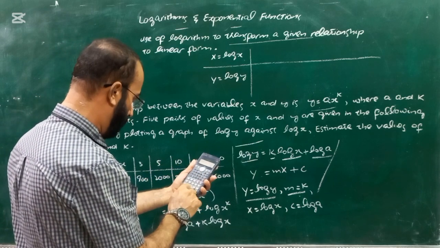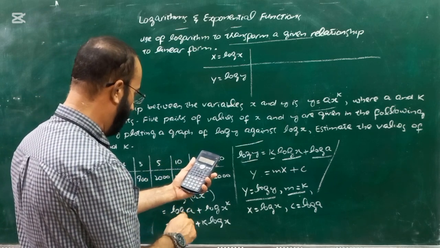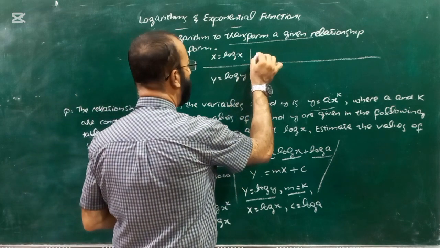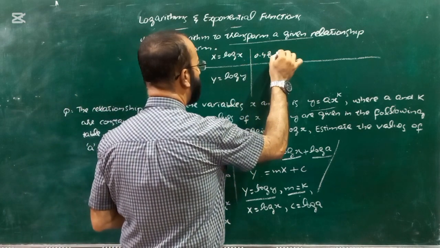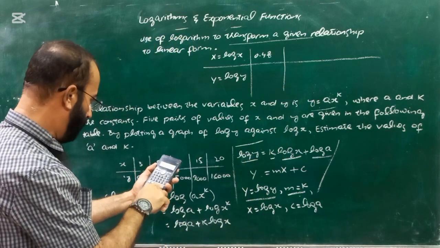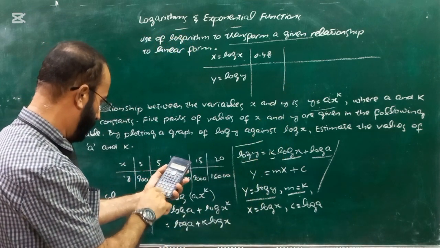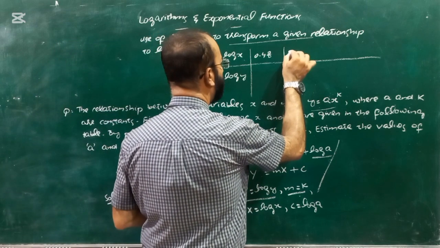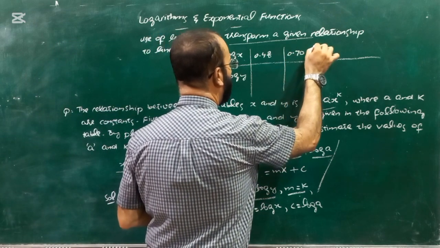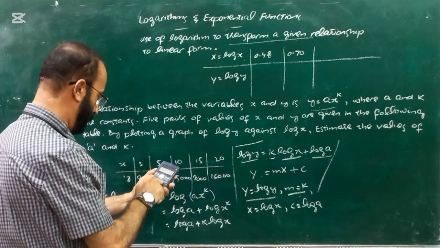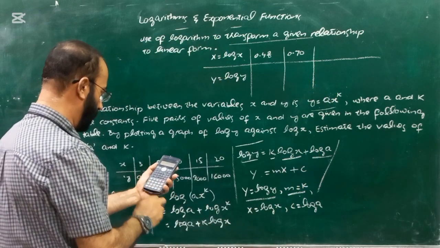So log of 3, the answer is 0.48. We are writing the values up to 2 decimal places. Next is log of 5, so 0.70. The next is log of 10, this is 1.